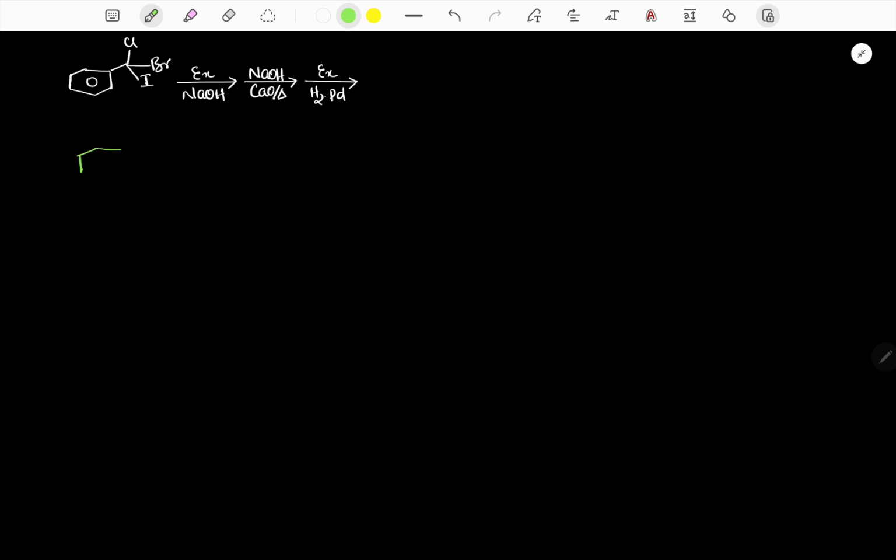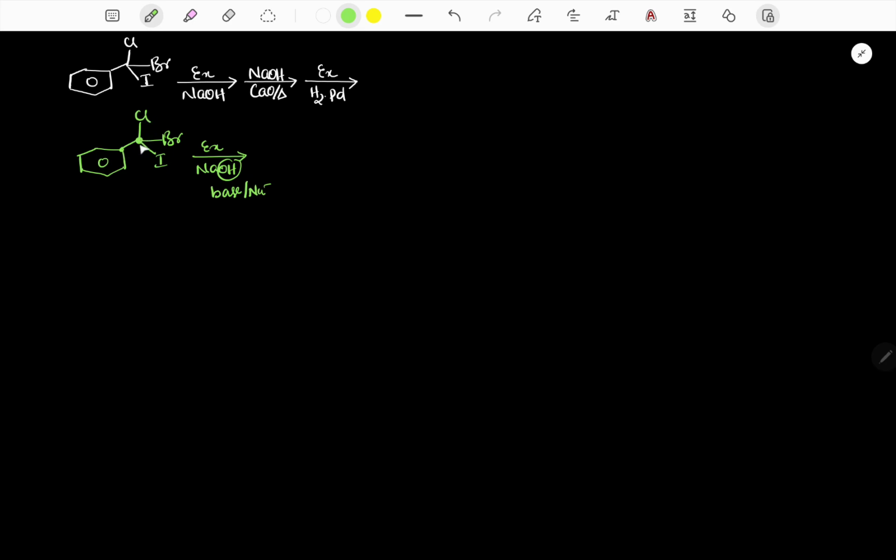The reactant has an alkyl halide functional group, and three different halogens are there: chlorine, bromine, iodine. It is treated with excess NaOH, and OH- can act as a base as well as a nucleophile, but here there is no possibility of elimination because there is no beta proton.